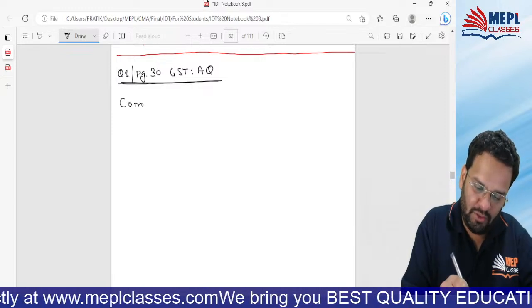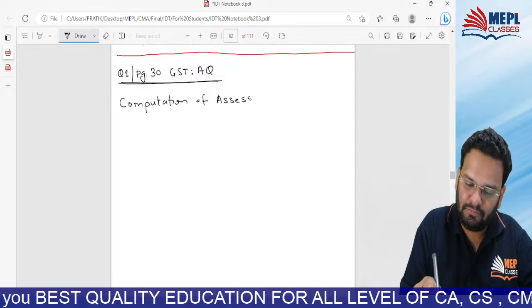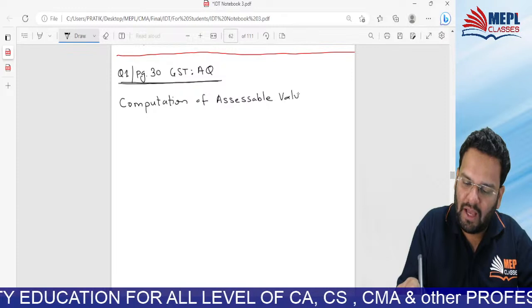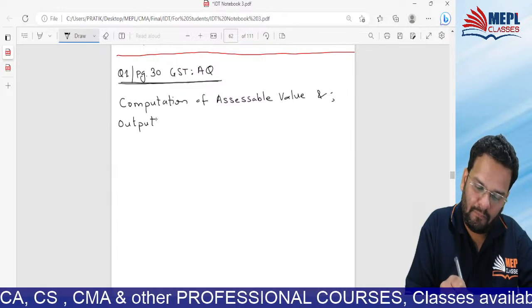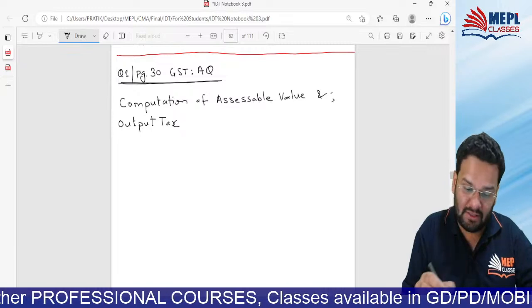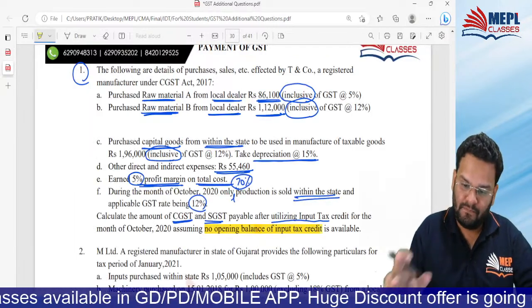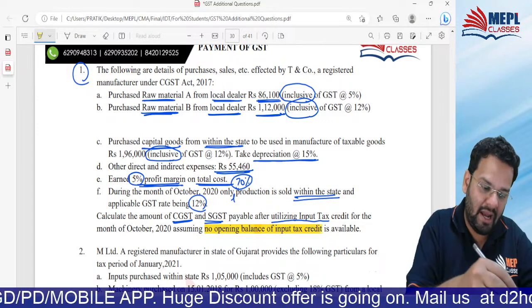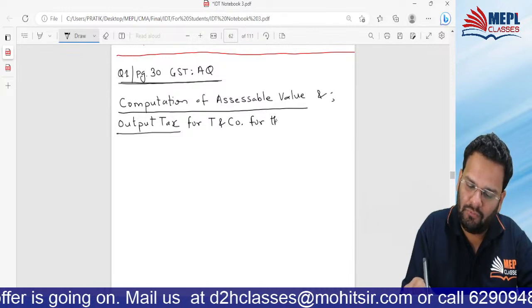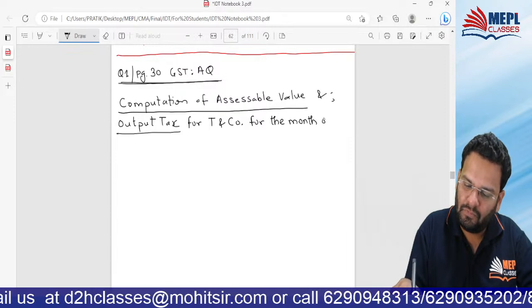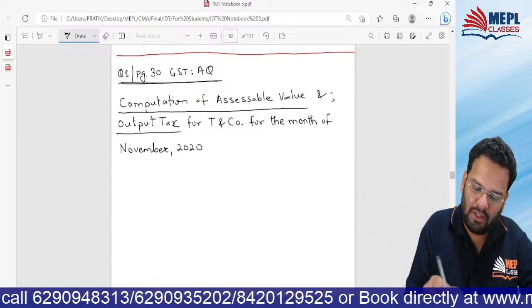First of all, what we'll do is computation of assessable value and output tax for T and Company, for the month of November 2020.